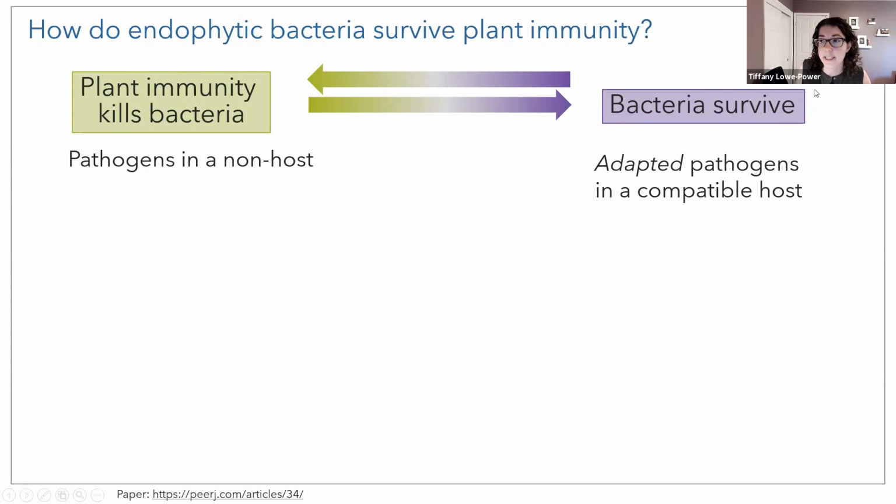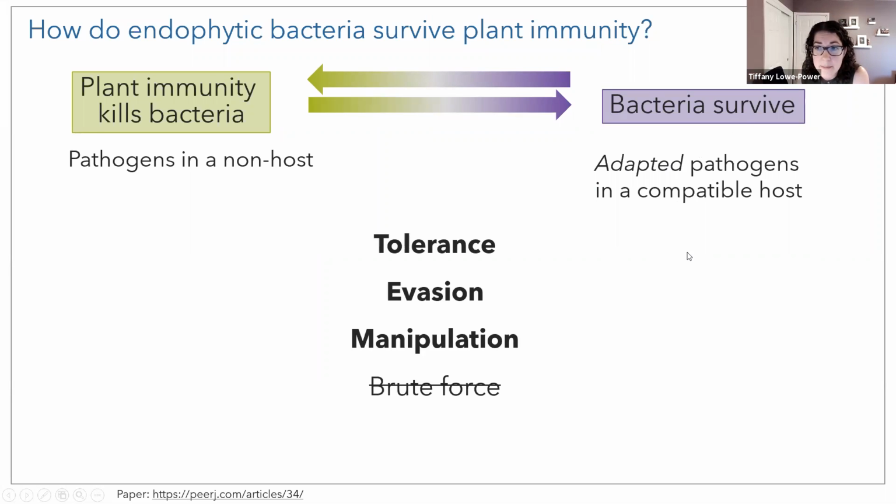The other disease outcome is that the bacteria survive and cause disease. This is what happens when you have a pathogen that has the correct adaptations that allow it to be successful in that host, along with permissive environmental conditions.